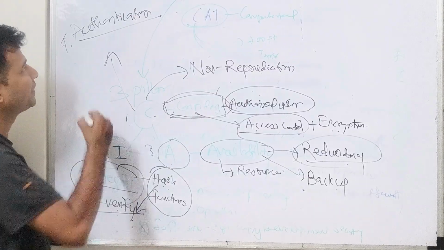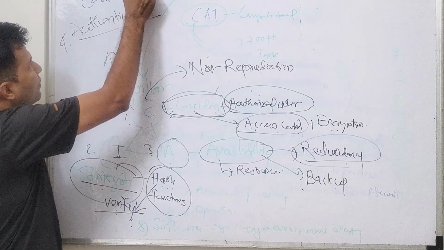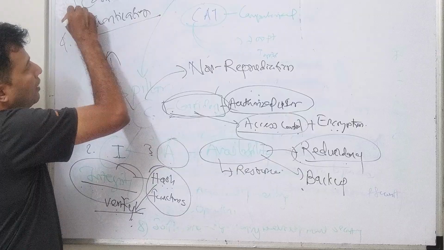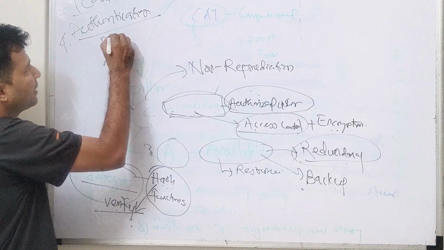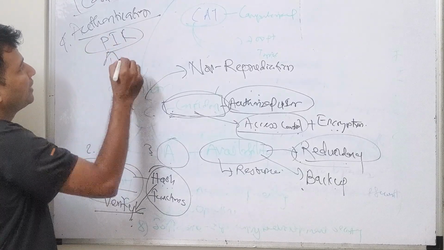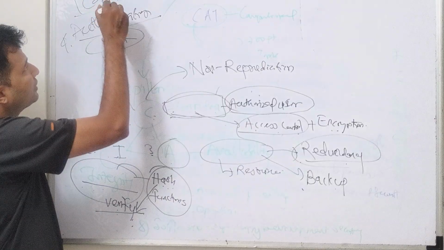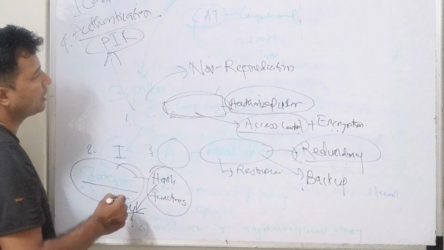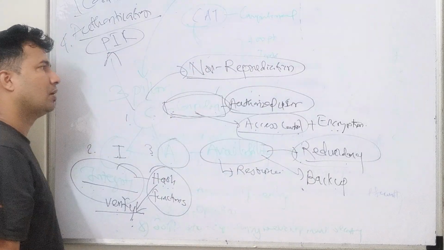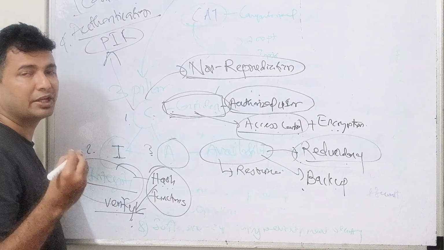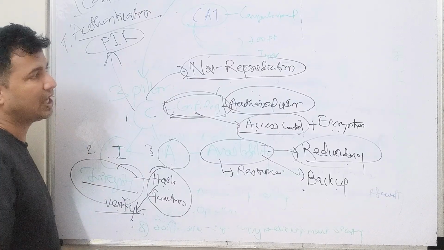This could be done by certification. We need to study more about public key infrastructure, which provides these certifications. So authentication is one part, and the other is non-repudiation. Non-repudiation is verifying that the data or any transaction has been done by that user, so we have a record of that.